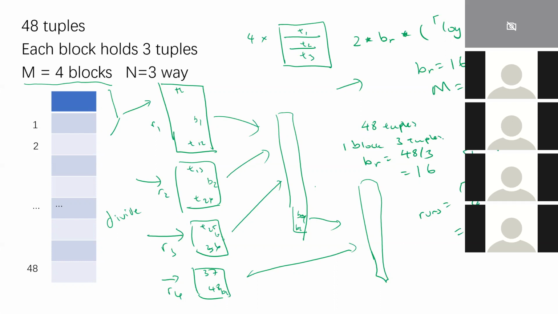Okay, so the cost, sorry for my handwriting, it's very messy. This will be equal to 2 times BR, which is 16, times the ceiling of log base 3 of BR by M, which is 4, plus 1.